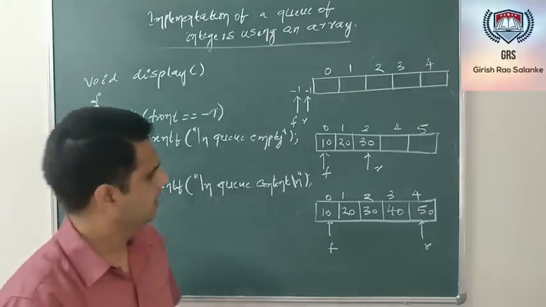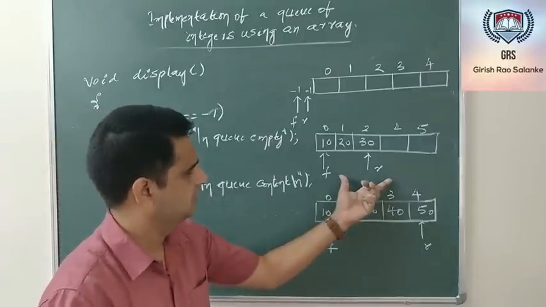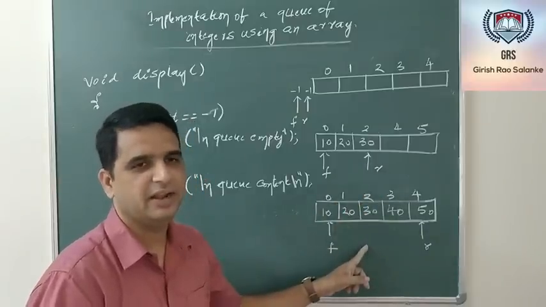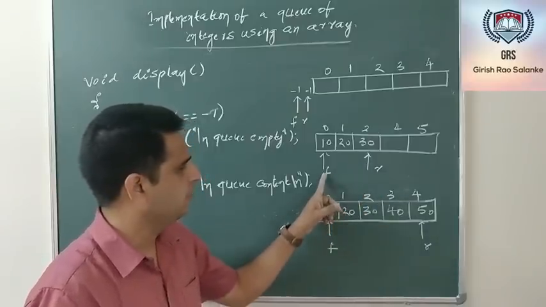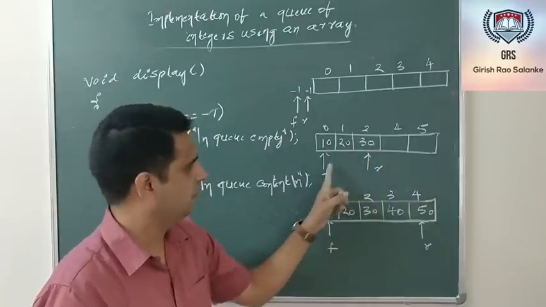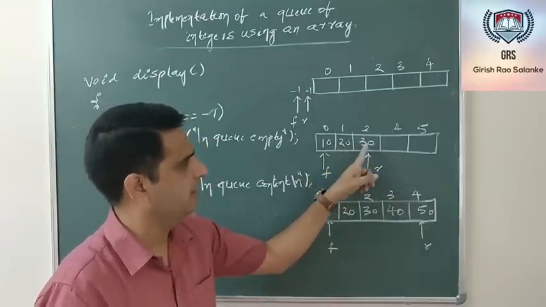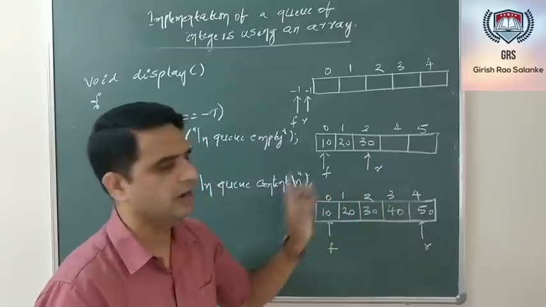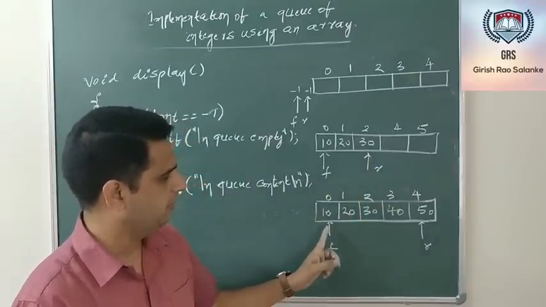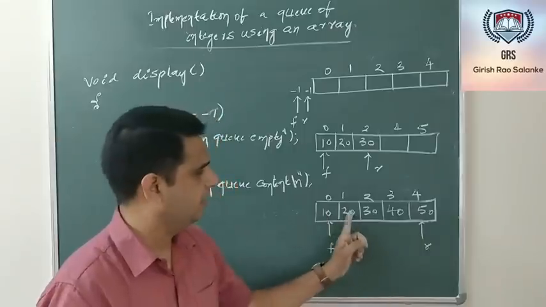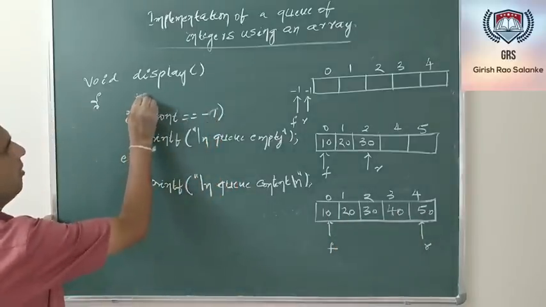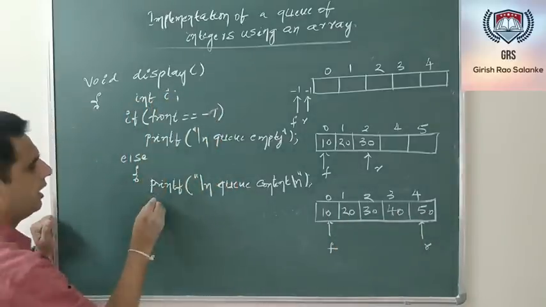Now I have to write statement for this instance and this instance. If you see both of these instances, the content of the queue is bounded between front end to rear end. In this case, there are 3 elements. So front end is 10, next element is 20 and 30 is the last element which is pointed by rear end. Even in this case, the elements within my queue are being bounded between front end to rear end, 10, 20, 30, 40 and 50. So I'll just use a for loop and I will iterate.